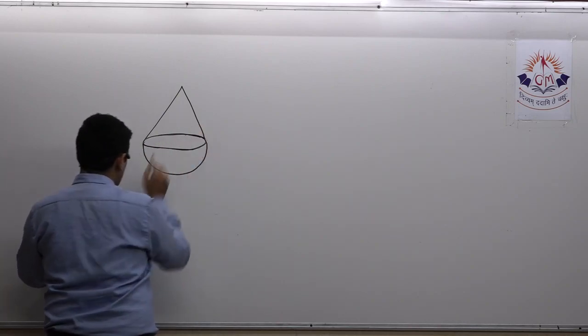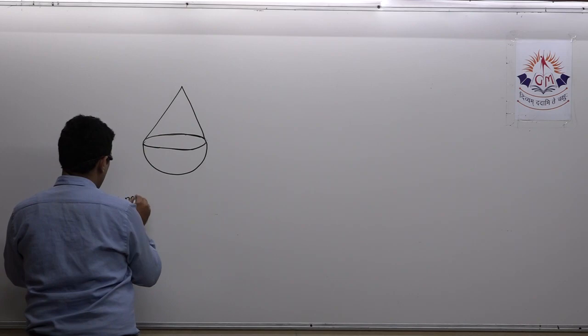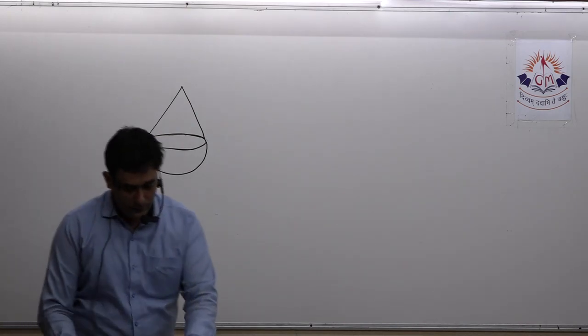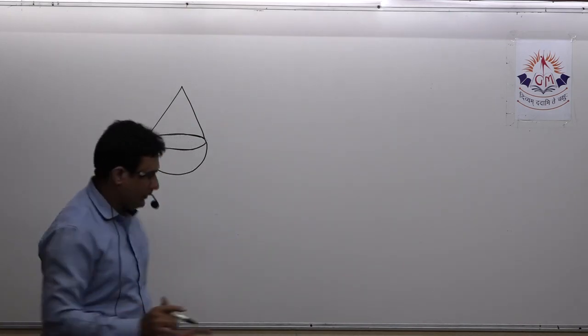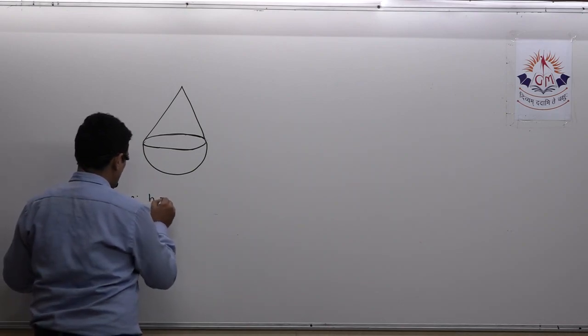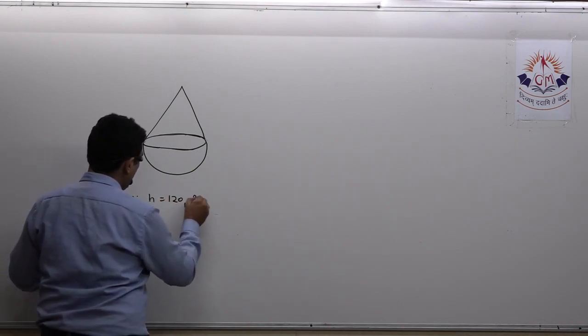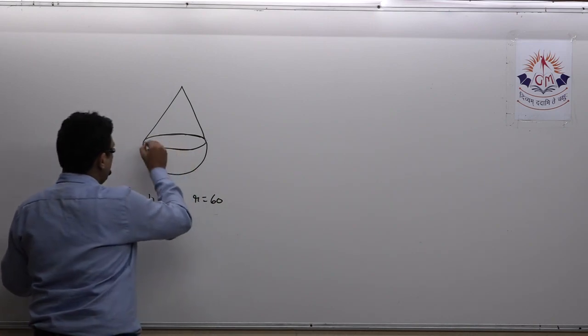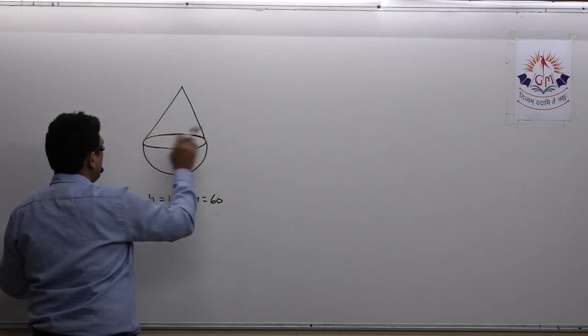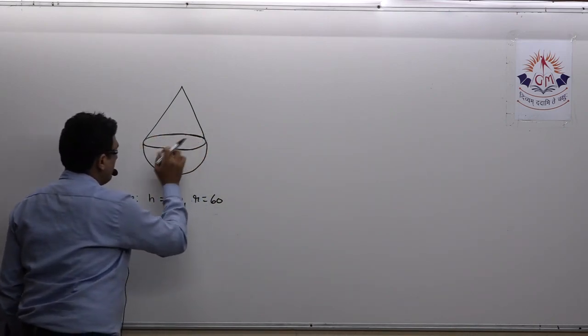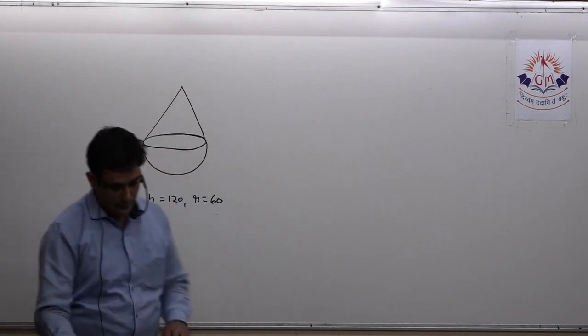For the cone, height is given, radius is given. Height is 120, radius is 60. And as this is standing on a hemisphere, obviously the radius of the hemisphere is also 60.